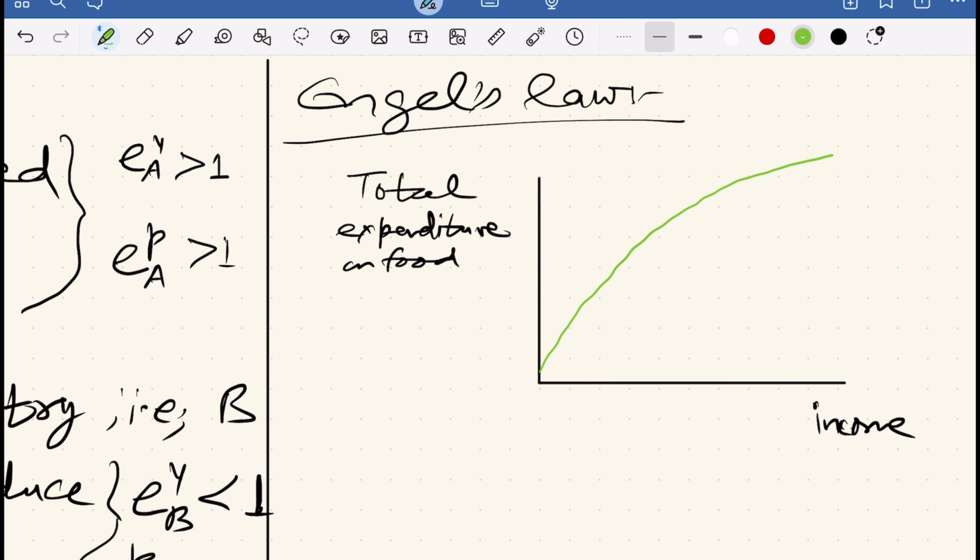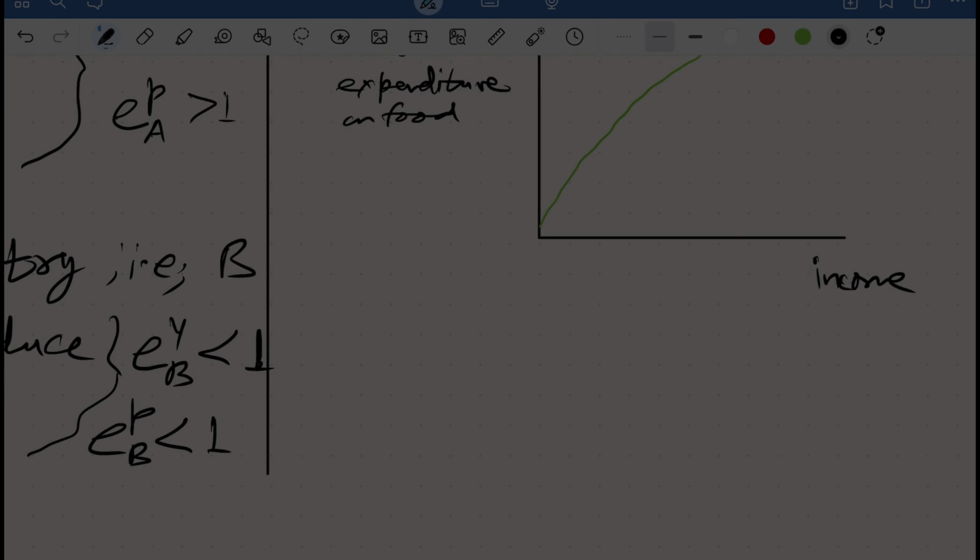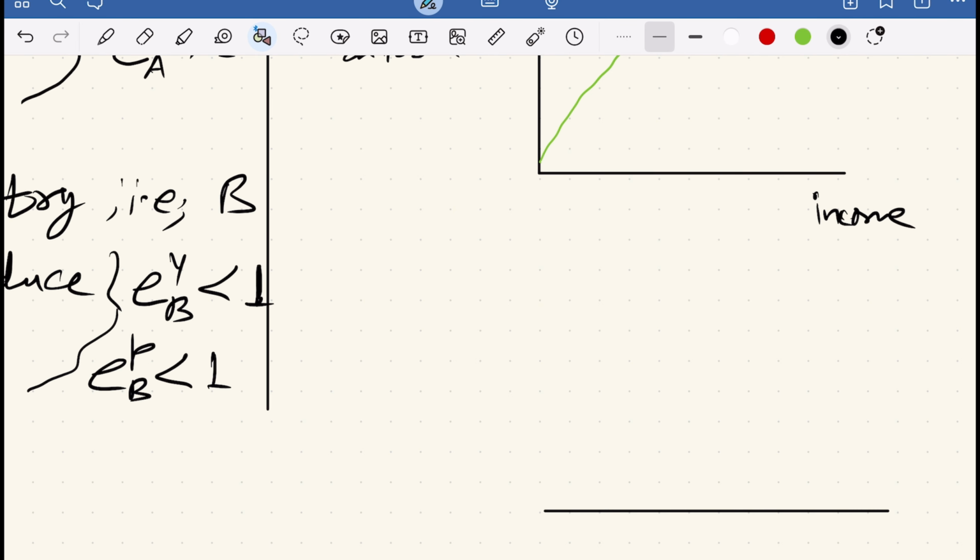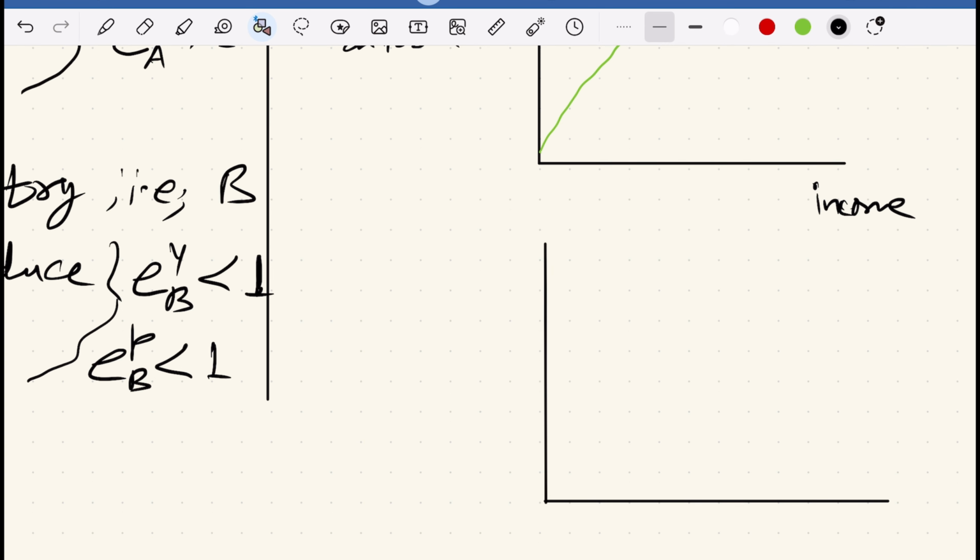Okay. Fine. Now the second part. So this is proportion of expenditure on food.